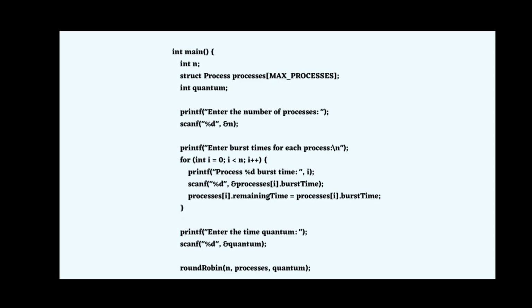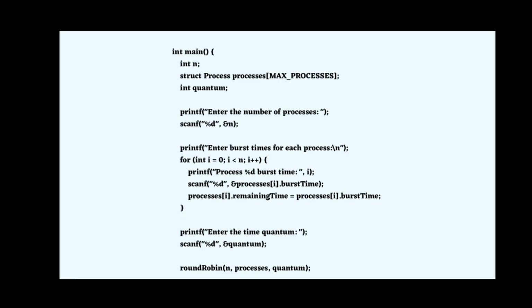Now we will printf enter the number of processes, which will accept the number of processes with scanf %d and &n. Now again we will printf enter burst time for each process. Now we are taking the burst time for every process accordingly.